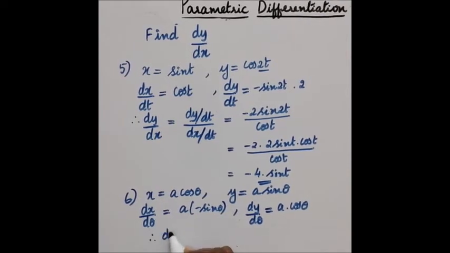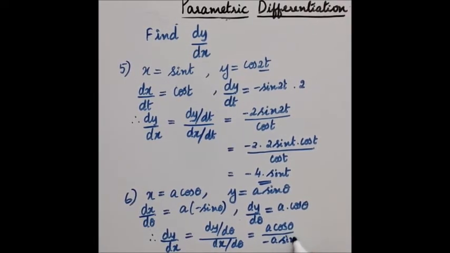Therefore, dy by dx, which is given by dy by d theta divided by dx by d theta, is equal to a into cos theta divided by minus a into sin theta, which is equal to minus cos theta by sin theta, that is minus cot theta.